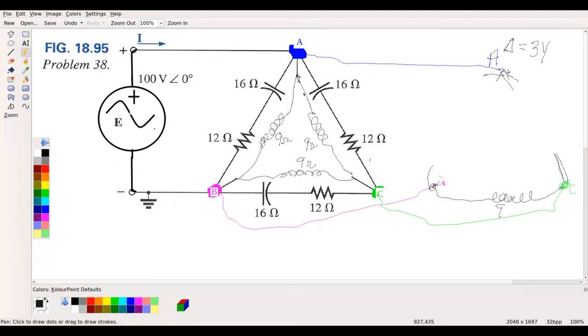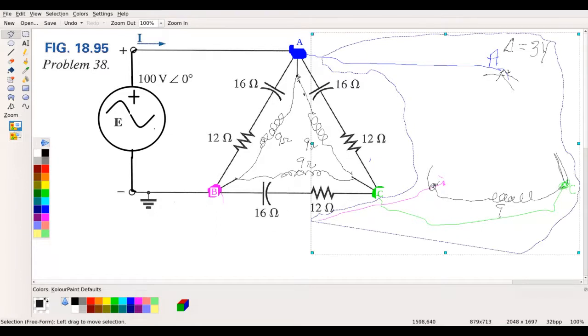All right, so that gives us all of those portions. Okay, so I don't really need these extra traces here. So I'll just remove all of this.